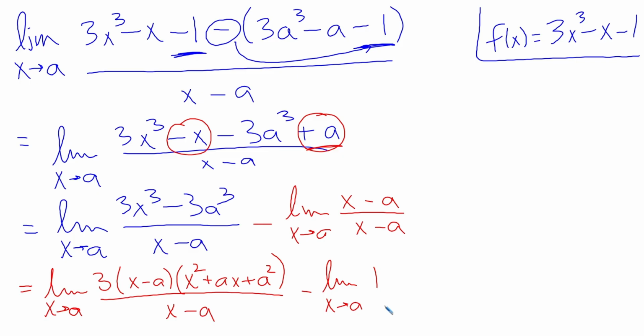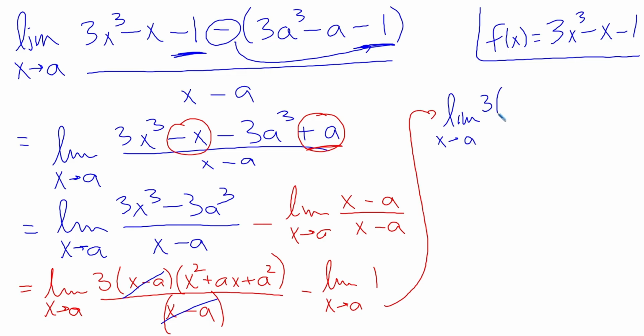I'm kind of running low on room here, so we'll come up here. We can cancel the x minus a and the x minus a. And so now we're just left with a limit as x approaches a of 3 times x squared plus ax plus a squared. And then we have this minus 1 afterwards.